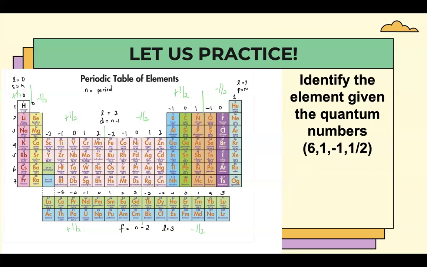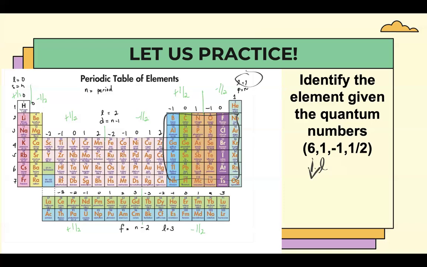Next, last example for this lecture discussion. So let's have 6, 1, -1, +1/2. So again, identify the L. Since it's 1, it's on letter P over here. So the possibilities are just on the P block. Next is, again, the N, the row. For P, whatever the row, the period, is where it is located.